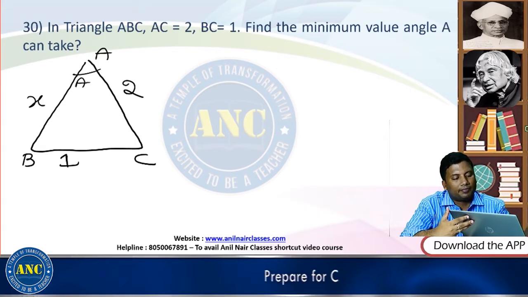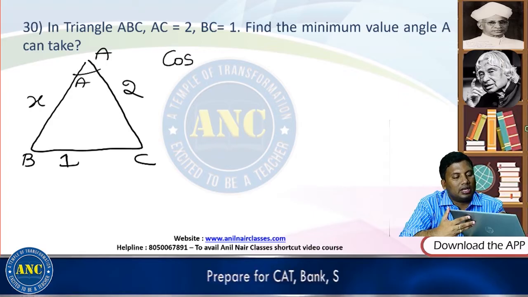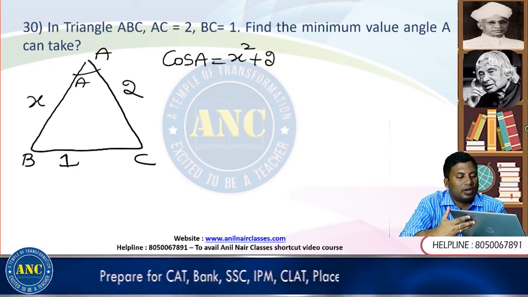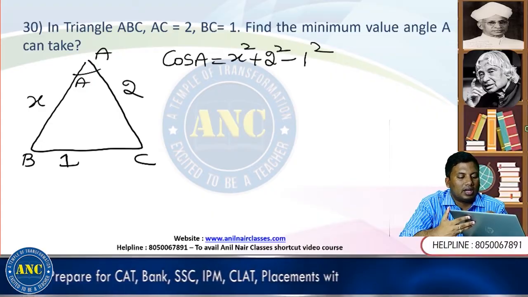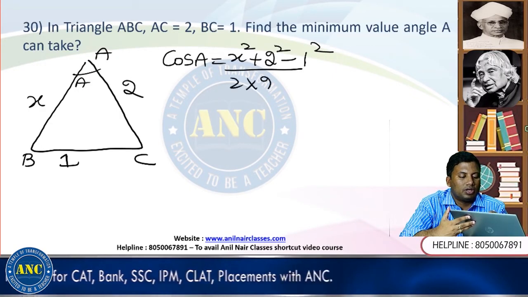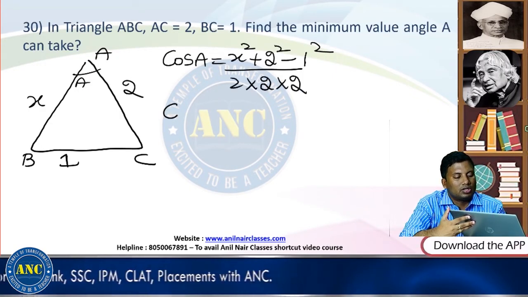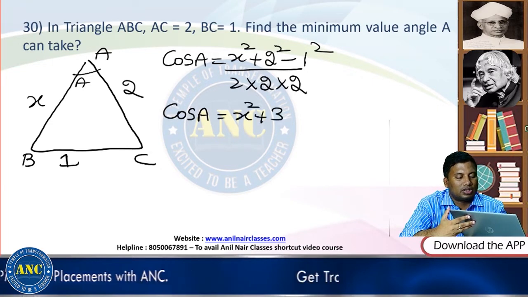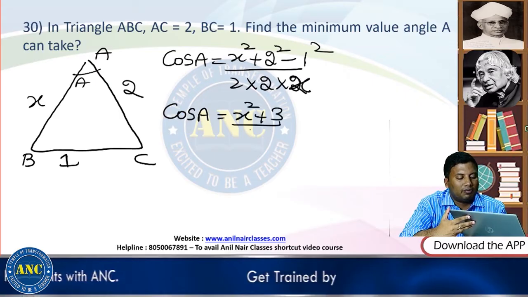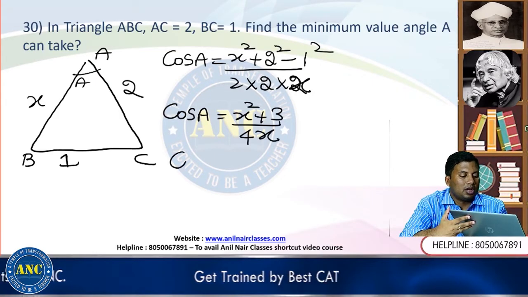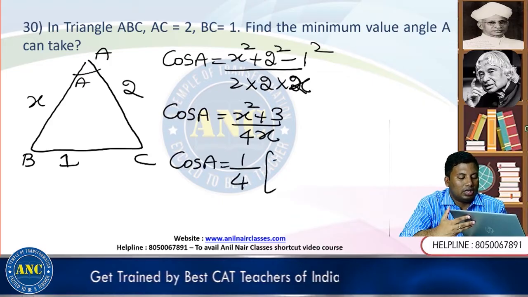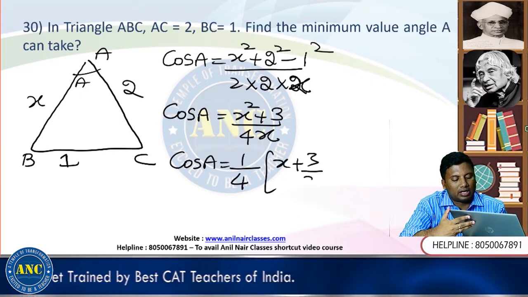So cos of angle A will be x square plus 2 square minus 1 square, divided by 2 into x. So cos A is nothing but x square plus 3 divided by 4x, which is 1 by 4 into x plus 3 by x.